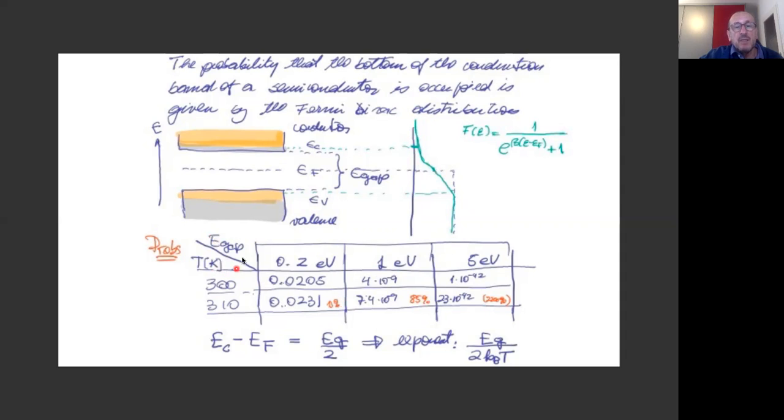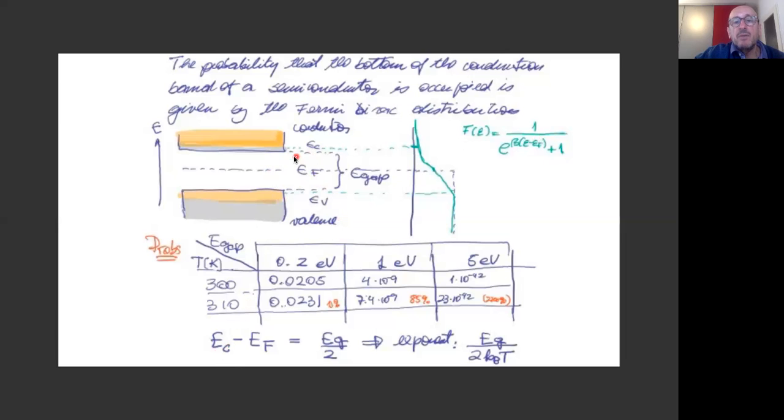And what I have done here is I have tried to answer the question that was posed. I have here the gap energy, 0.2, 1, and 5, and here I have the temperature, 300 and 310. In order to have an electron here, this exponent is the thing that I have to evaluate.